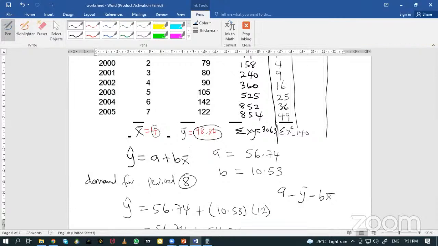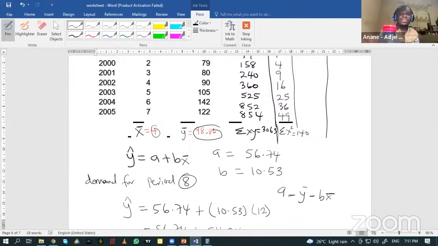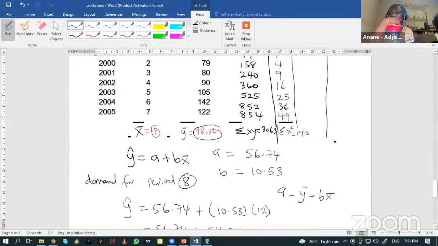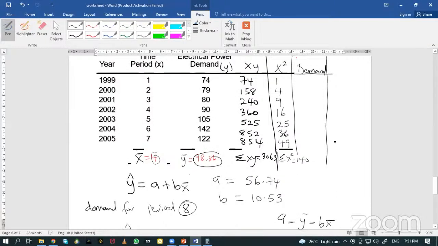Justice Ajay. Hello, sir. Good evening. When we were doing the calculation, you see the place where you find the x square, I wanted to ask why we didn't add the time period, which is the x from the table, like add from 1 to 7, then square it.